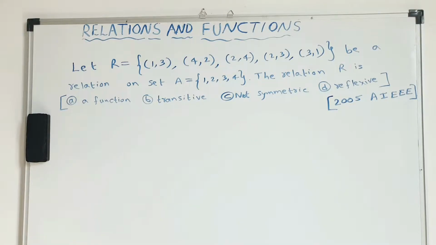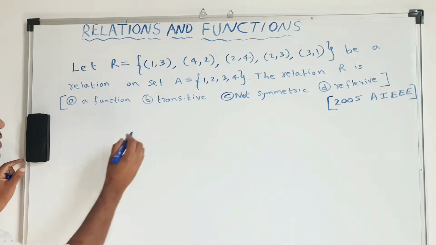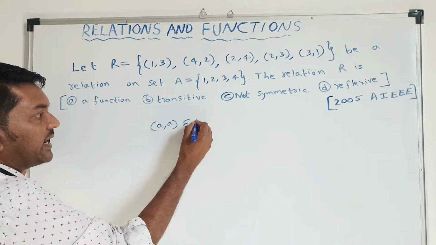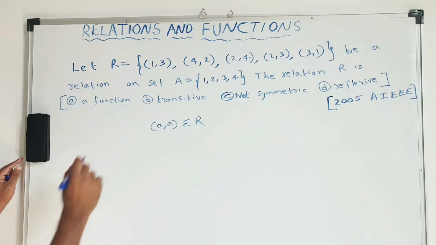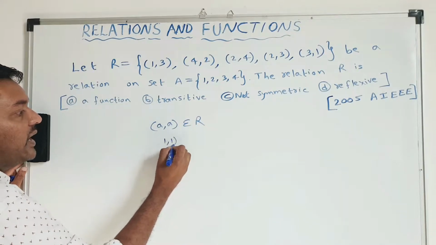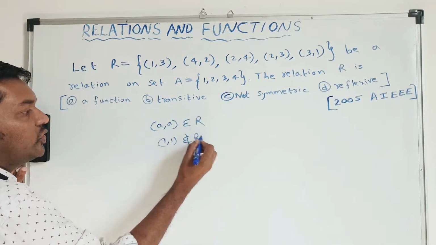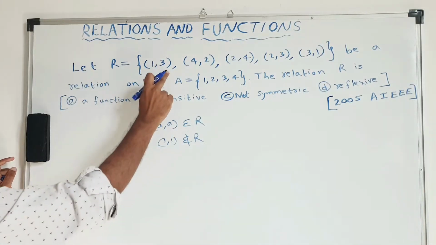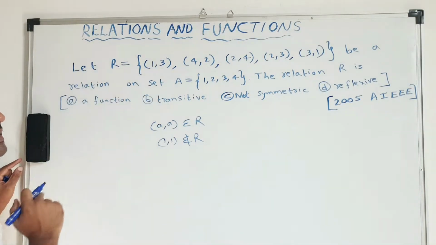Now I am checking which kind of relation it is. First I will check whether it is a reflexive relation or not. For being reflexive relation, this (a, a) should be an element of this relation. I am checking. (1,1) doesn't belong to R. So you can say it is not a reflexive relation. If (1,1) was there, will it be a reflexive relation?